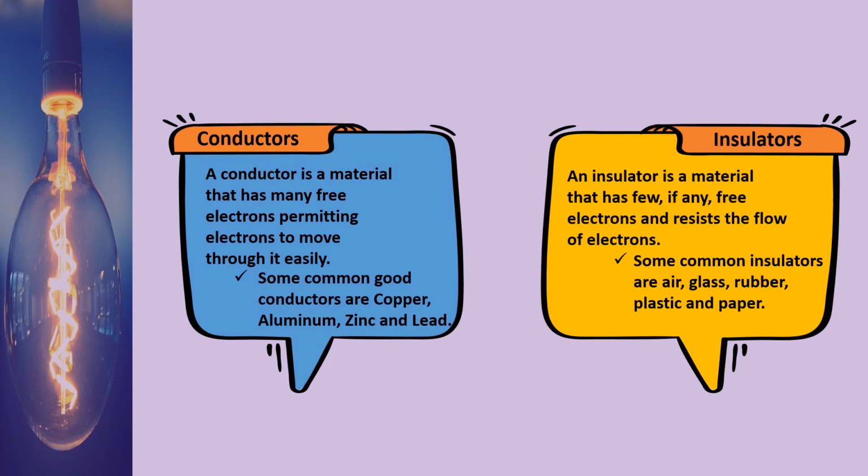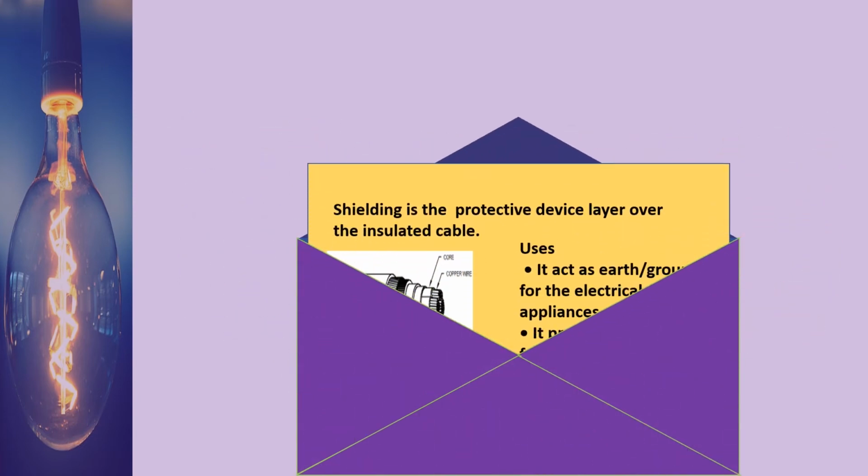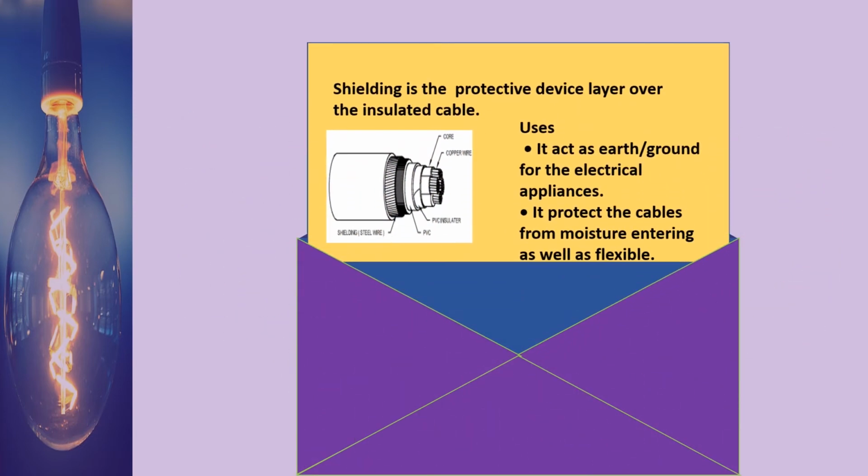Some common insulators are air, glass, rubber, plastic, and paper. Shielding is the protective layer over the insulated cable. Uses: it acts as earth or ground for the electrical appliances. It protects the cables from moisture entering, as well as being flexible.